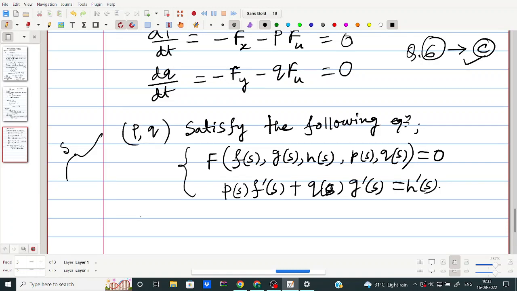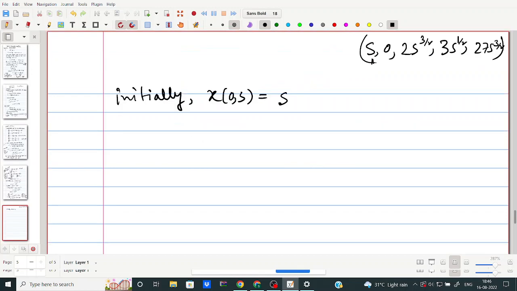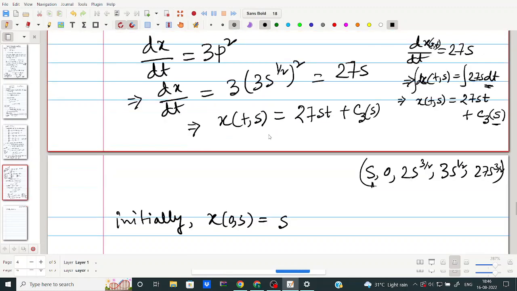So x is my s. So I'm putting t equal to 0 in the last equation. I'm showing you the equation again, in this equation. Okay.